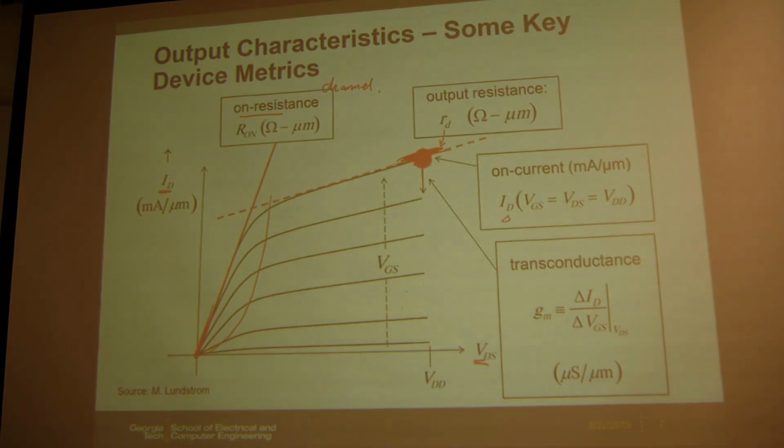And in the ID-VG curve, not this curve, you can get this transconductance gm, which is also important for analog circuit design, because that is how much the gate voltage translates to the drain current. But I don't think that will be used for our lectures here.